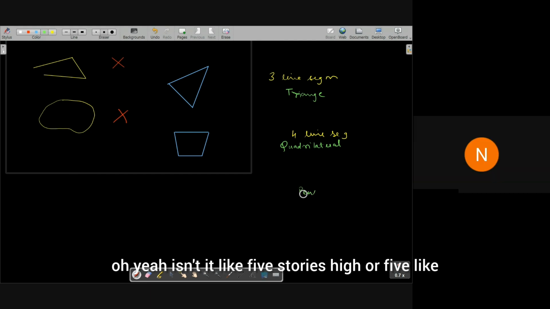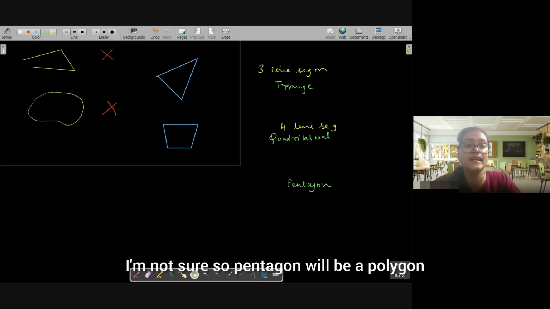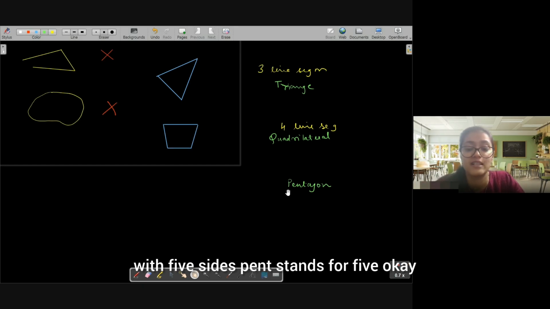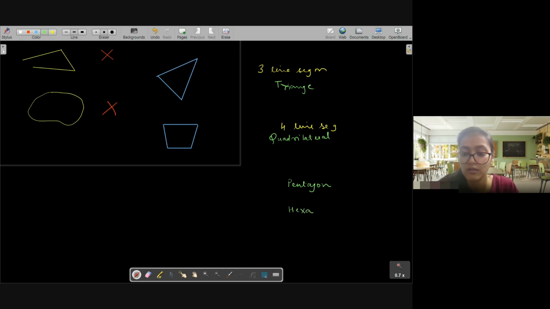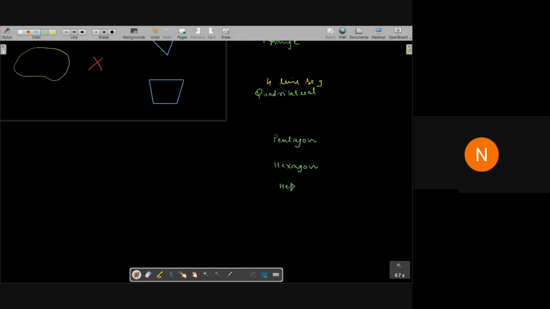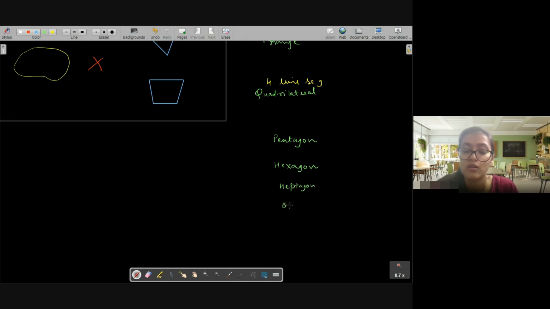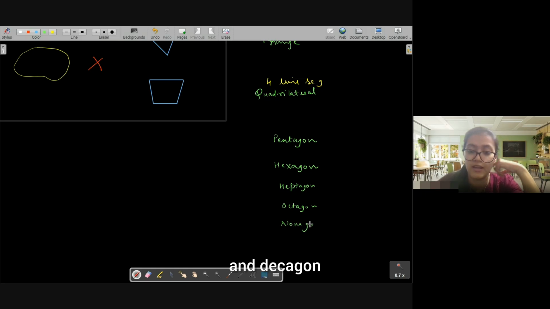Isn't it like 5 stories high or 5 buildings in it? It has something related to 5, even I'm not sure. A pentagon is a polygon with 5 sides. Pent stands for 5. After pentagon, you have hexagon, then heptagon, octagon, nonagon, and decagon.